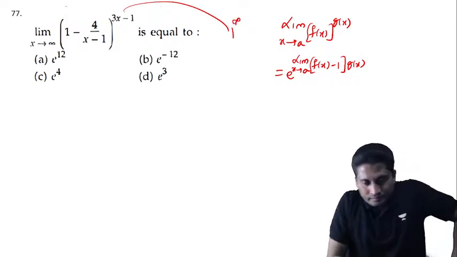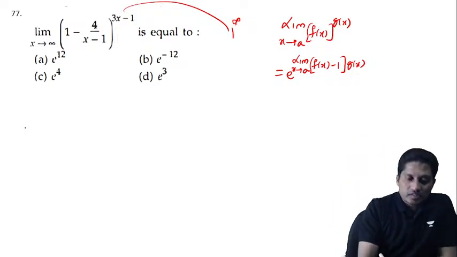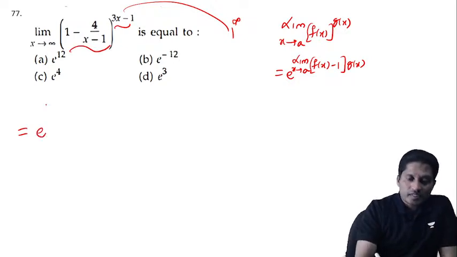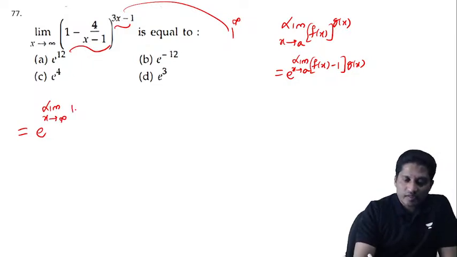Now this is f(x), and 3x minus 1 is g(x). Formula is e to the power of limit x tends to infinity of (f(x) minus 1), that is 1 minus 4 divided by x minus 1, minus 1 into g(x), that is 3x minus 1. This will cancel.